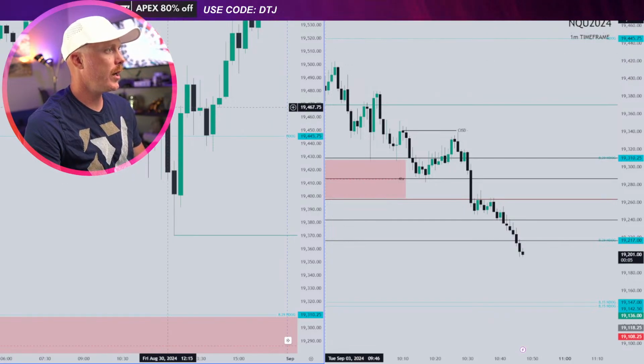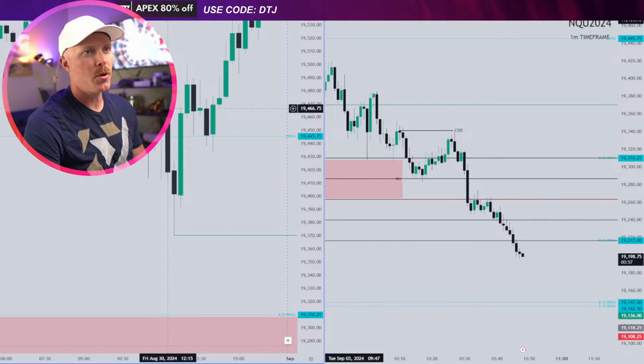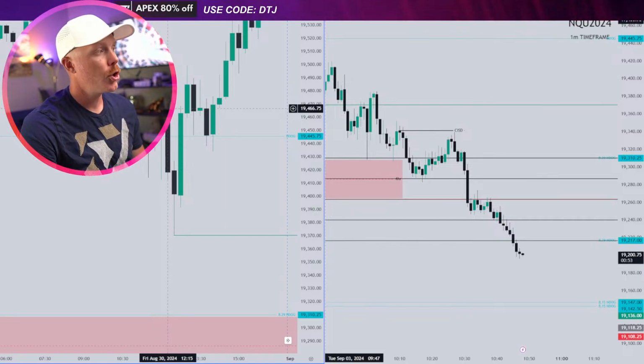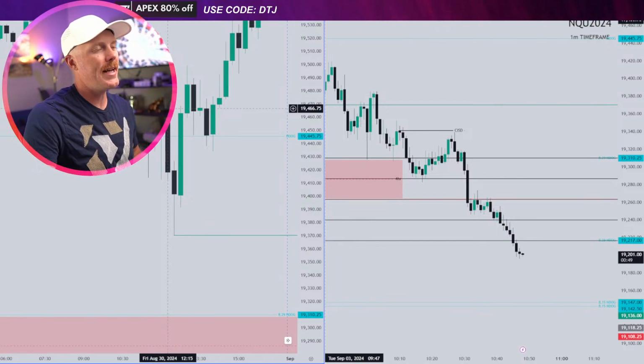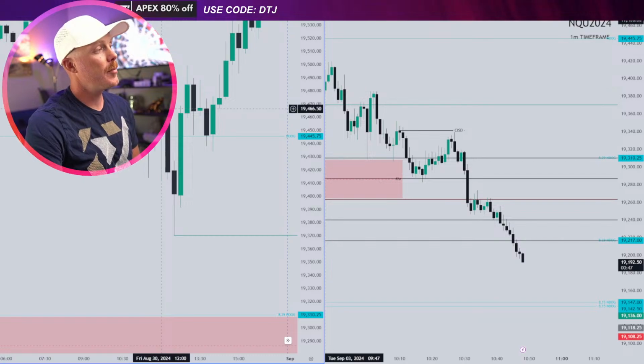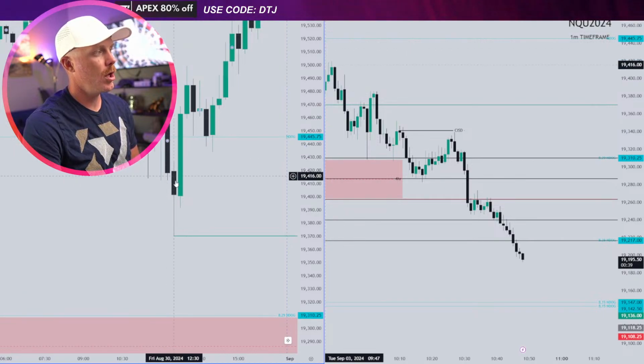So who's trying to go short right here? Retail. Why? Because it looks as if it's dropping. Who's selling them those short orders? Smart money traders who want to go long. It's a zero-sum game, so somebody has to sell those short orders. The people that are selling the short orders to those short traders are smart money. They are expecting it to go long.